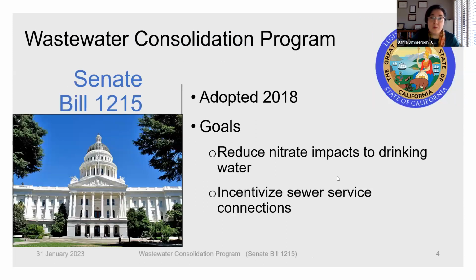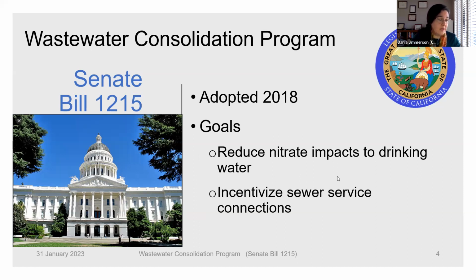As I was saying, this program is fairly new. We have been in place for roughly 3 years. The main goal of the program is to reduce nitrate impacts to drinking water by, as I was saying earlier, providing an incentivized path for sewer service connections.